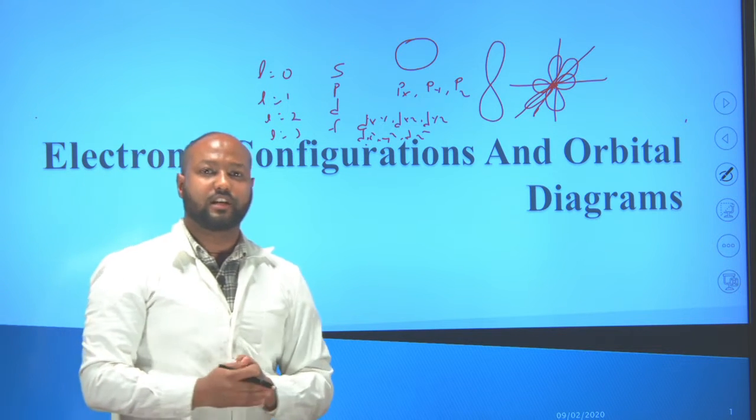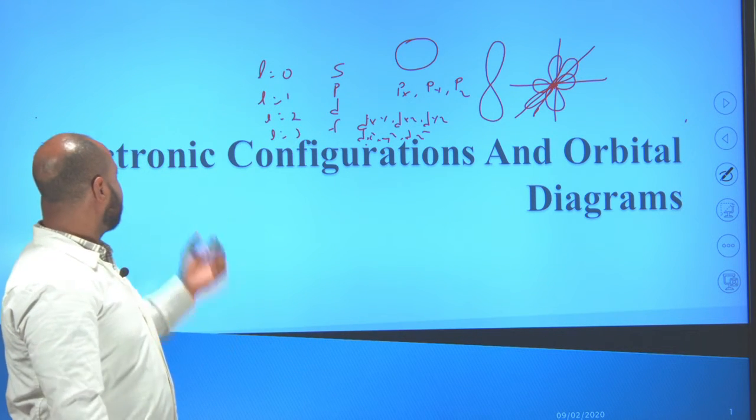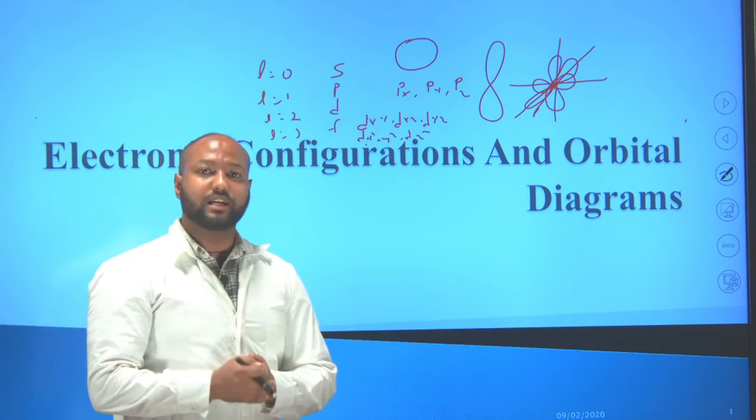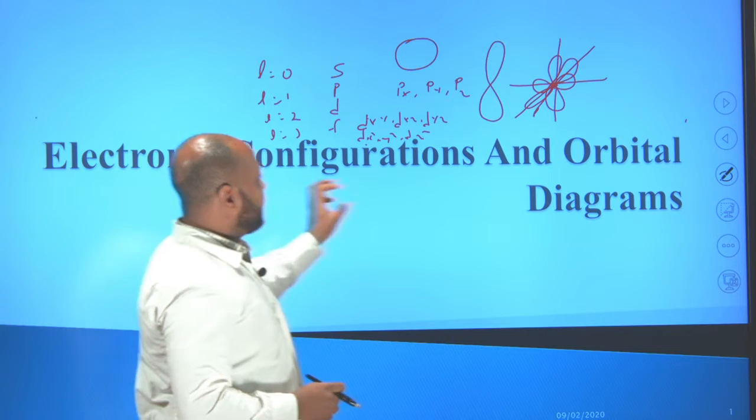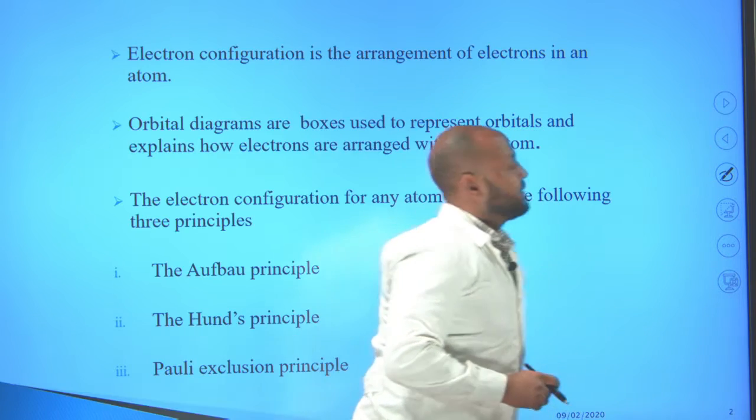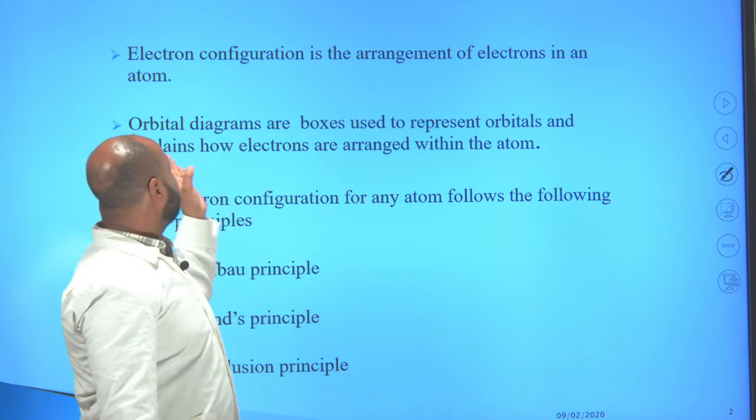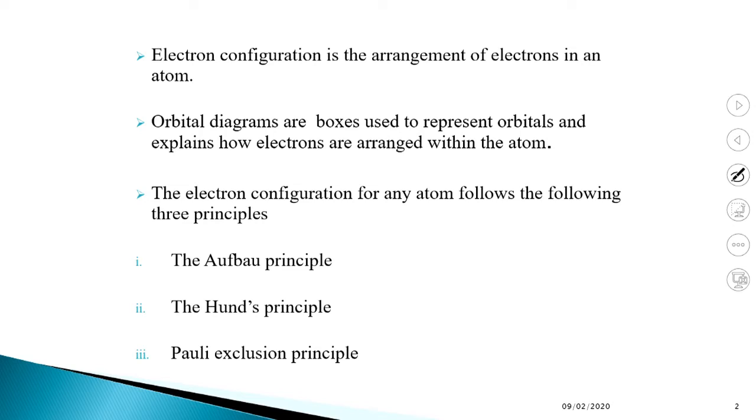Let's come to today's class. Today's class is electron configuration and orbital diagrams. What are electron configurations and orbital diagrams? Electron configuration is the arrangement of electrons in the orbitals around the nucleus, or it tells us the distribution of electrons in the orbitals.